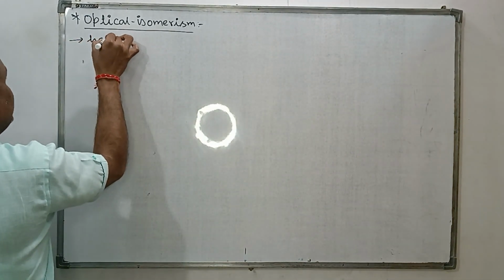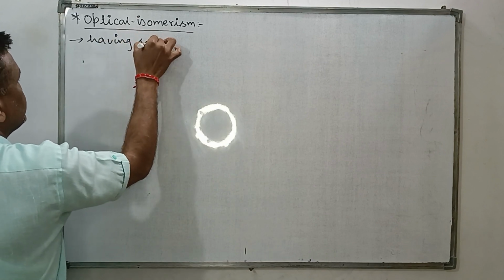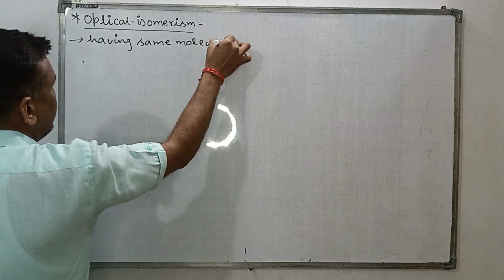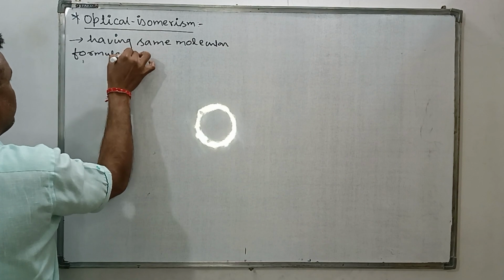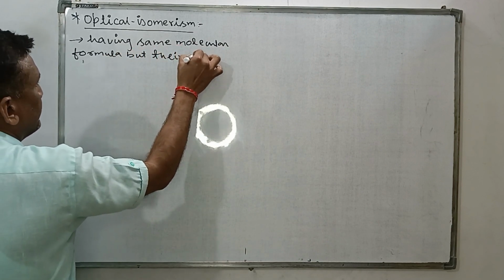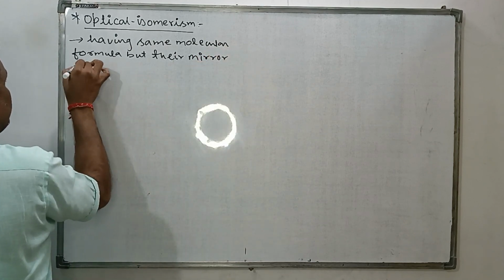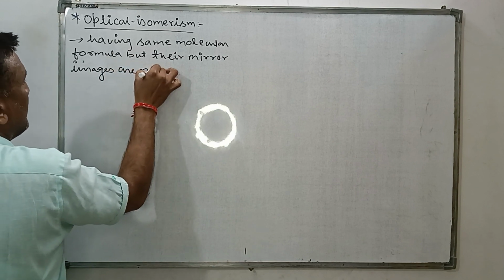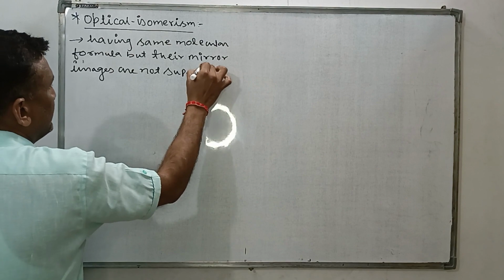So what we can say that having same molecular formula, but their mirror images are not superimposable.